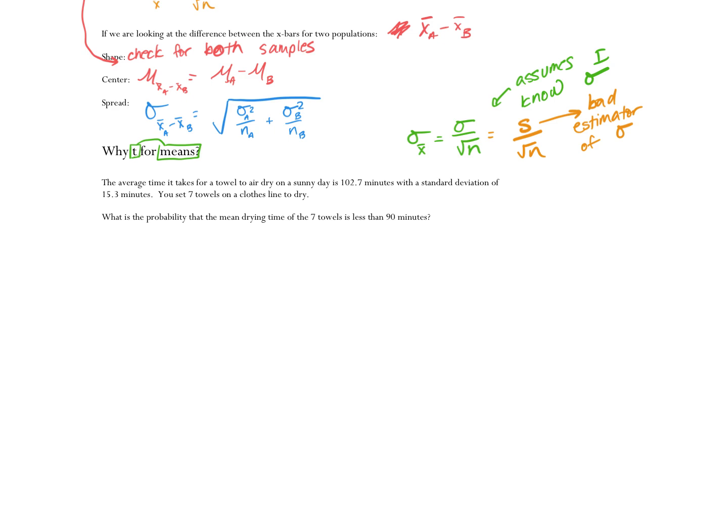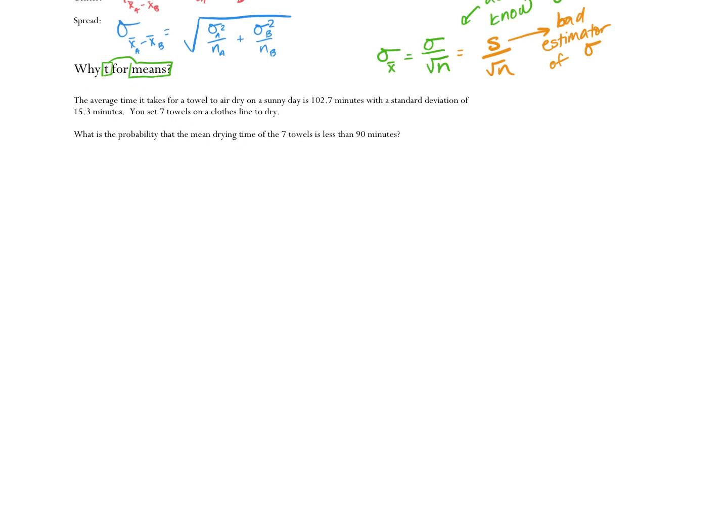All right, so lastly, I have one example here. The average time it takes a towel to air dry on a sunny day is 102.7 minutes. Okay, that's describing the mean of a population. And the standard deviation is 15.3 minutes. This would be pretty crazy that we would know this, okay?